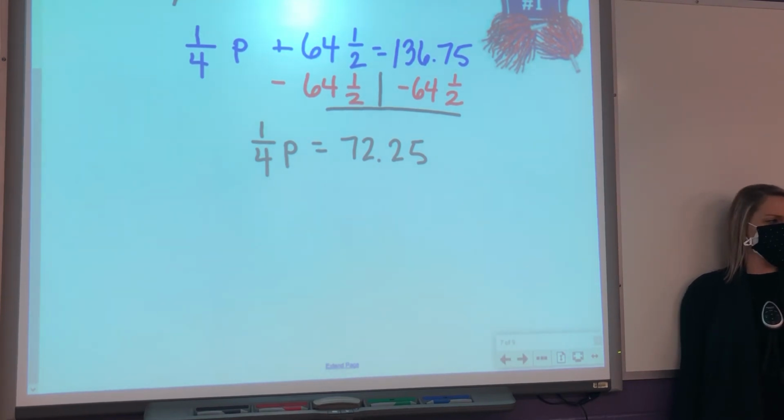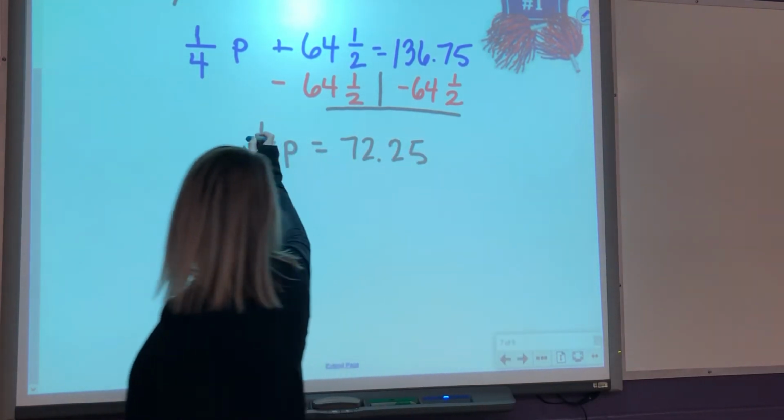How do I divide fractions? You multiply by the reciprocal. What's the reciprocal of 1/4? 4. Can I just multiply by 4/1?